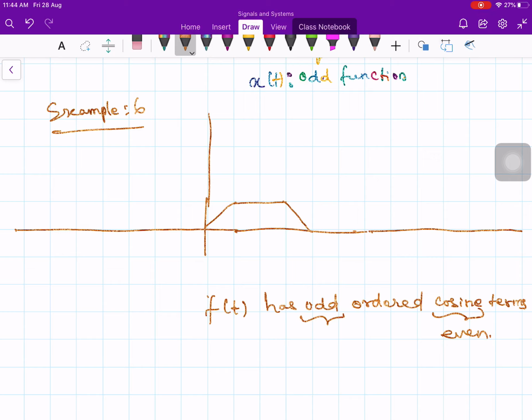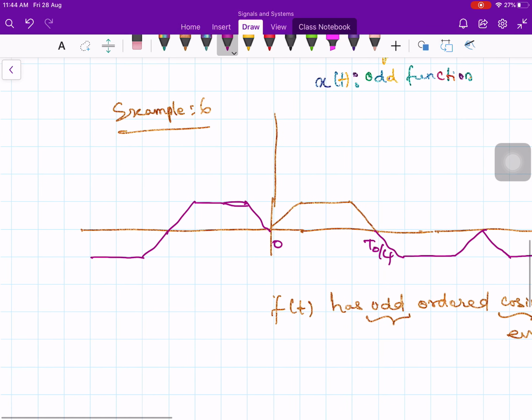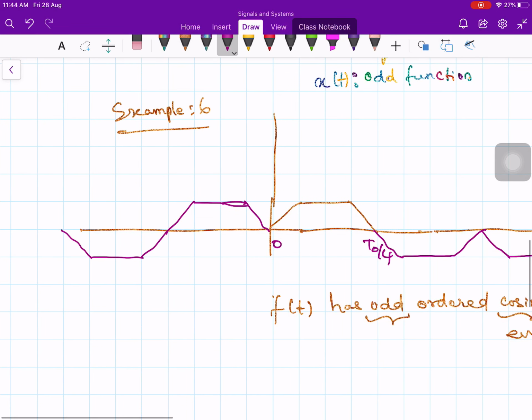Even means the next half cycle will also be like this only. This is 0 to T naught by 4, then like this. Odd ordered means it has to go down like this, and here also it goes like this, then it comes like this, and so on.